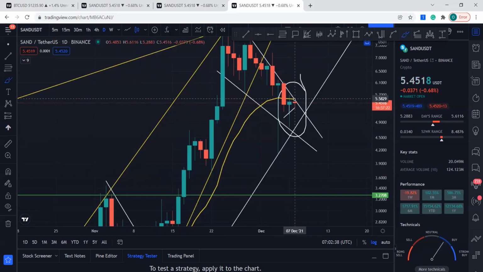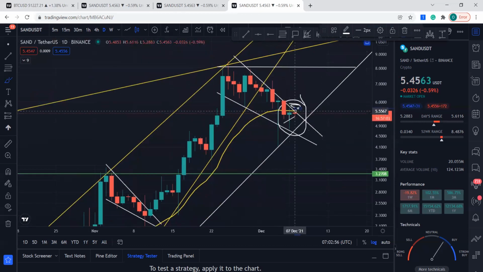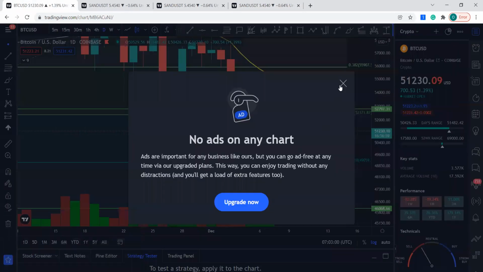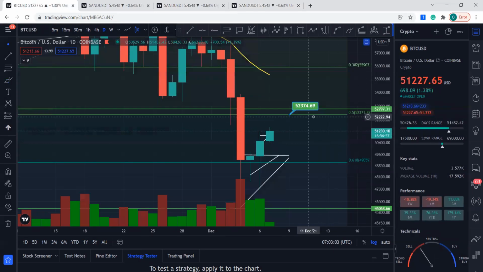If it closes a candle right over here, at $5.80 or $5.70, then it's going above the 20 moving average and breaking this resistance, and then you know that Sand is moving towards the upside. And that can happen if Bitcoin keeps moving up. So this is a good thing. It's trying to move towards this target.